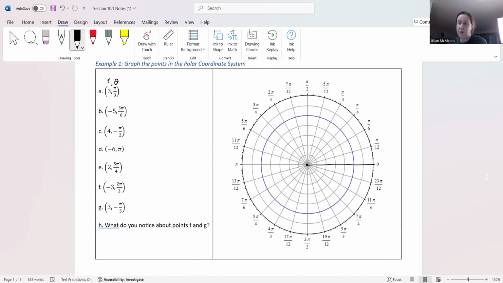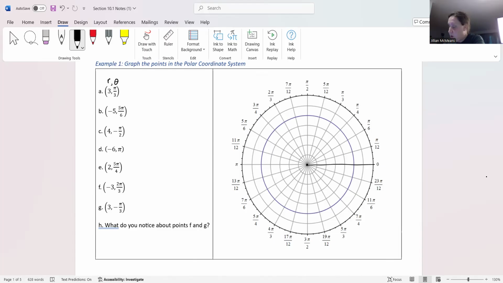If the angle is negative, we sweep open in the clockwise direction. And then we figure out where our terminal side would be, and we either measure a distance along the terminal side, or, remember, if r is negative, we measure it in the opposite direction. So let's do this one. I'm going to draw some lines and then we'll erase them for each point, just to make it not too messy. But let's say we need to find pi over 3.